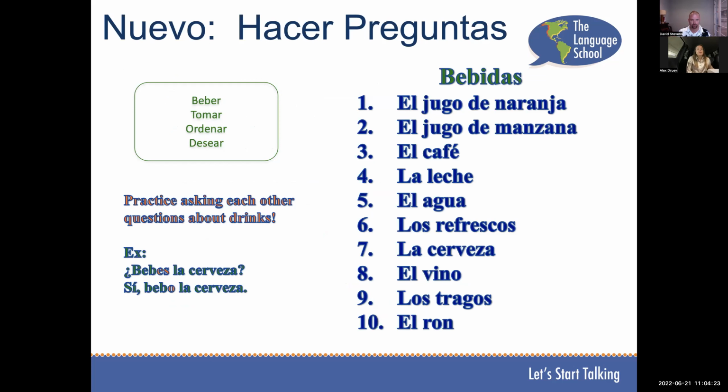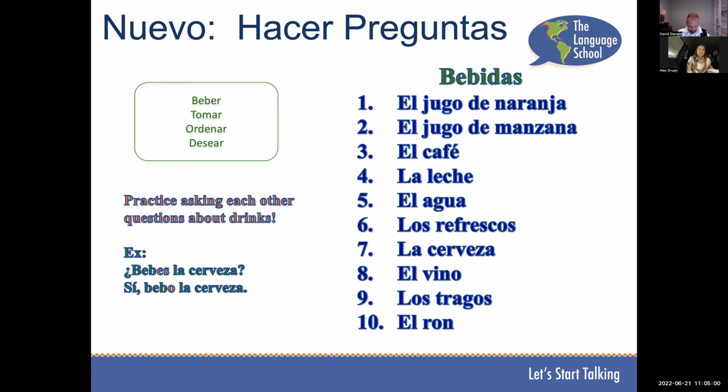¿Bebes el jugo de naranja? Sí, bebo el jugo de naranja. ¿Tomas el jugo de manzana? Sí, tomo el jugo de manzana. ¿Ordenas el café? Sí, ordeno el café. ¿Bebes la leche?